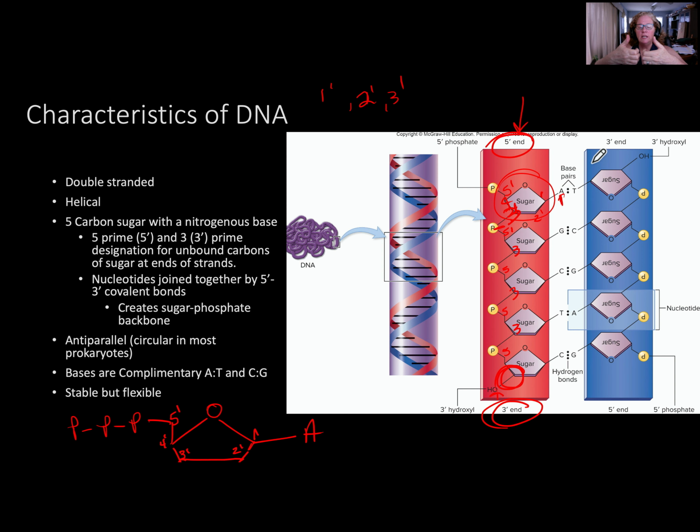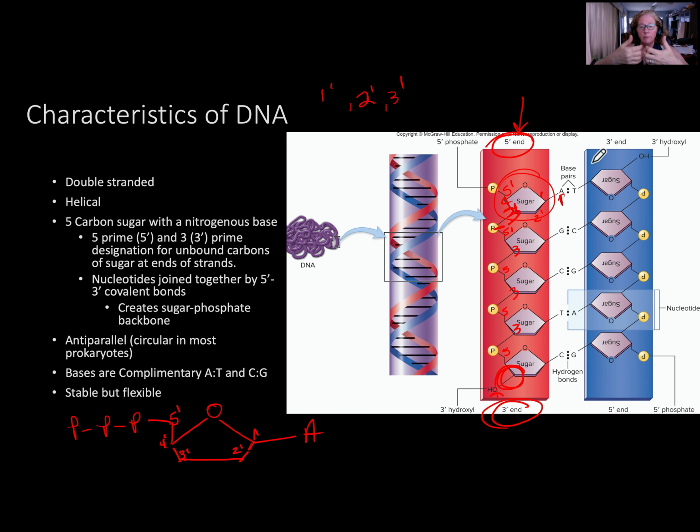And so we need our bases to base pair together. If I'm parallel, but the 5 prime ends are both at the top, my bases are not going to come into contact with each other to bind. Now, I could make this upside down like that, but then the bases in one of my strands are facing the wrong direction.